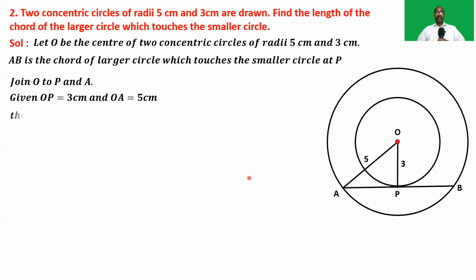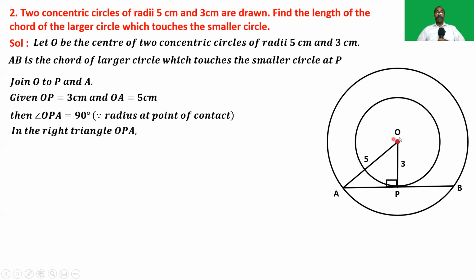And now we have angle OPA is equal to 90 degrees because the angle between the radius and the tangent at the point of contact is 90 degrees. So radius at point of contact is perpendicular to the tangent. This is the reason.